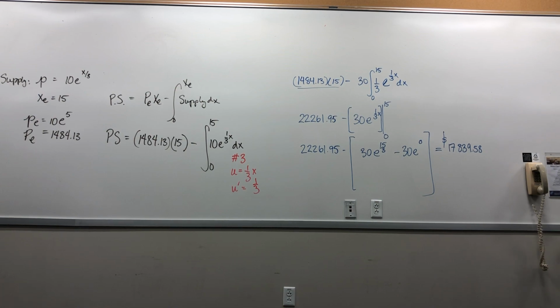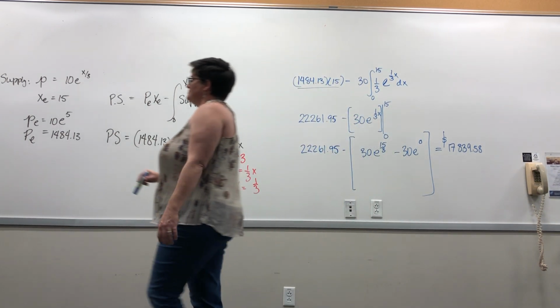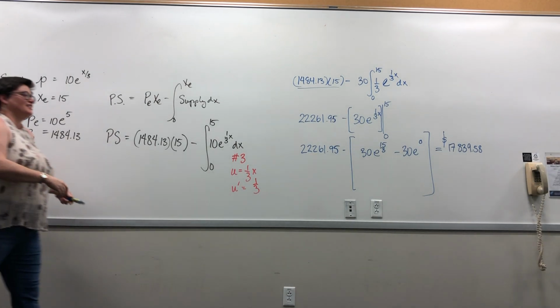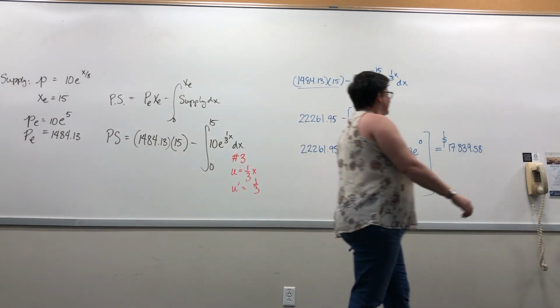If you multiply that by 15, you get 22,261.973 cents. I see, 97. Okay, so you're both right. You both get credit.